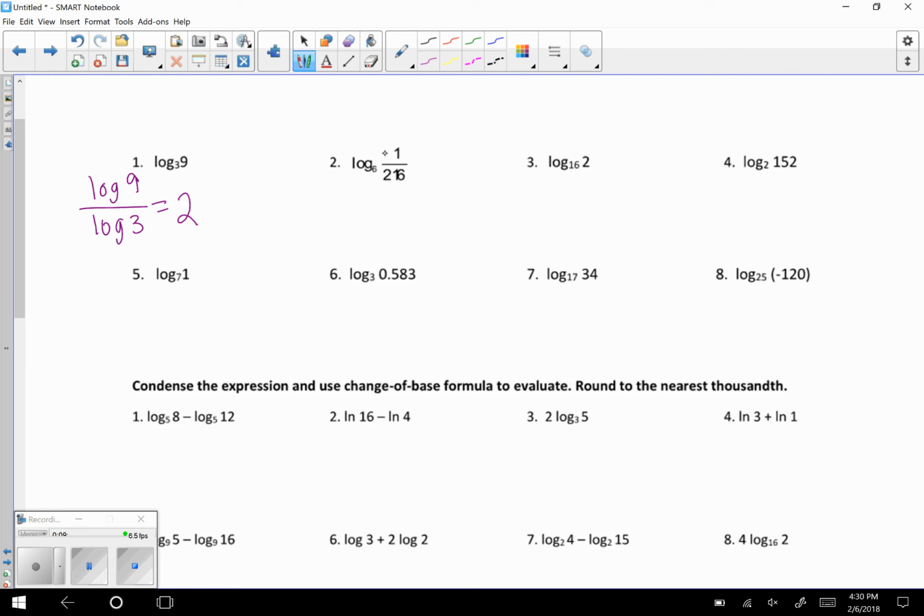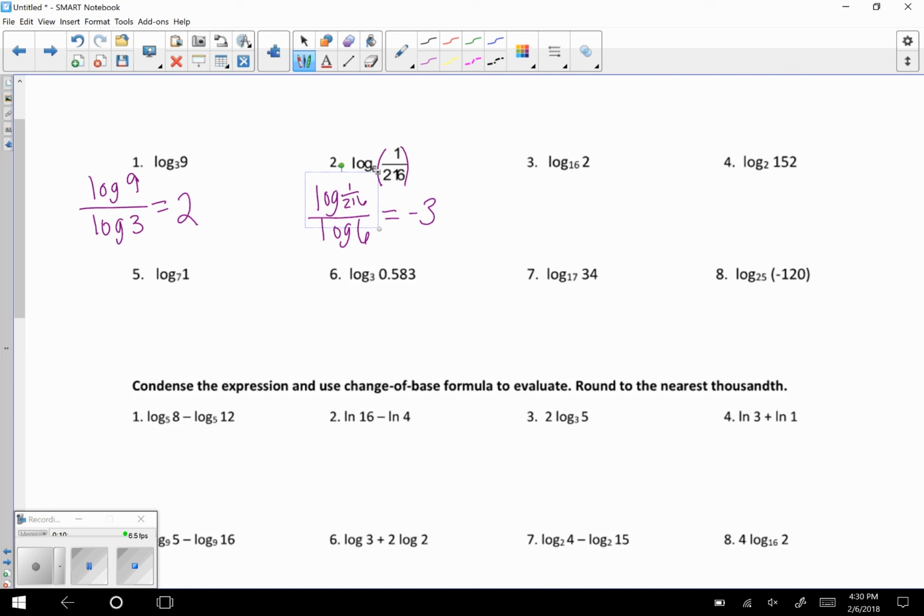Remember what I told you, it's log of the big number font-wise, because 1 over 216 is actually smaller than 6, but that's what goes in the numerator. So log 1 over 216 over log 6. Make sure you're using parentheses, and closing those parentheses when you enter these in. Hopefully you got -3.